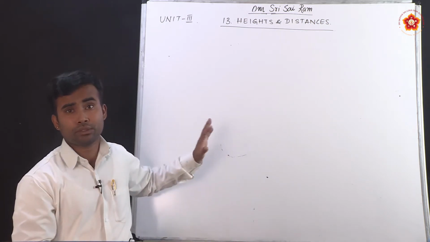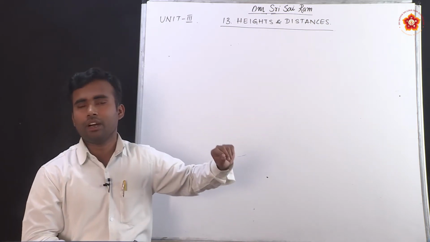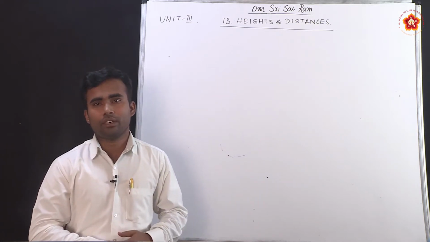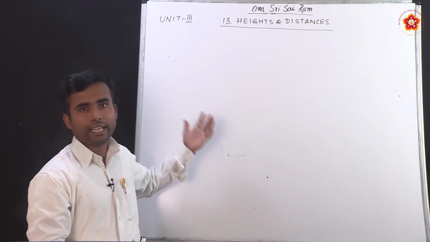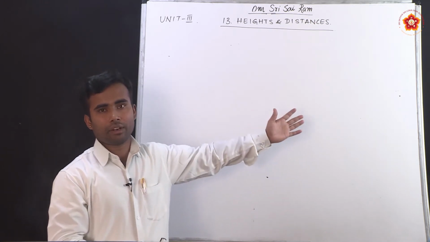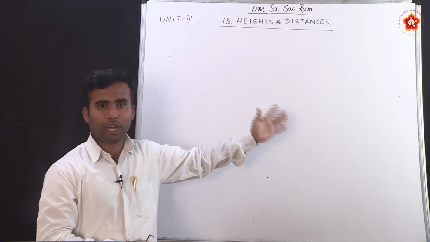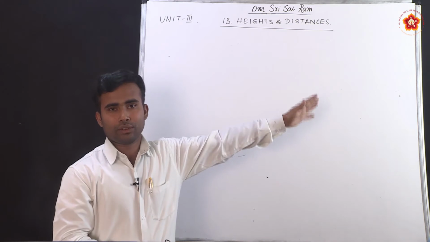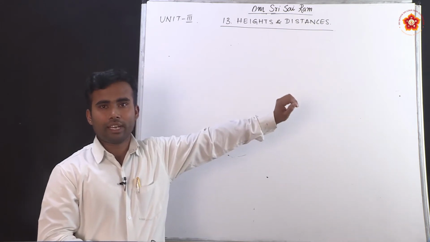Commonly we are going to use these kinds of terms in this chapter. Before we get into the definition of angle of elevation and angle of depression, we should be well aware of the trigonometric values defined for the standard angles like 0 degree, 30 degree. I will talk about that later.